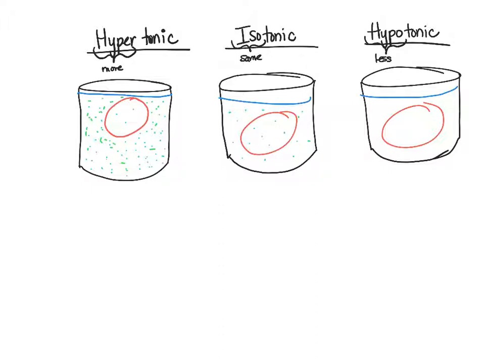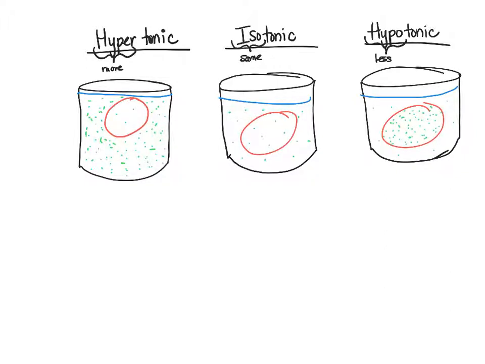This would be an isotonic solution. And then hypotonic, as you can imagine, would mean that there are less solutes in the solution than there are in the cell. So we have more solutes in the cell and less outside of the cell. So this would be a hypotonic solution that this cell is in.